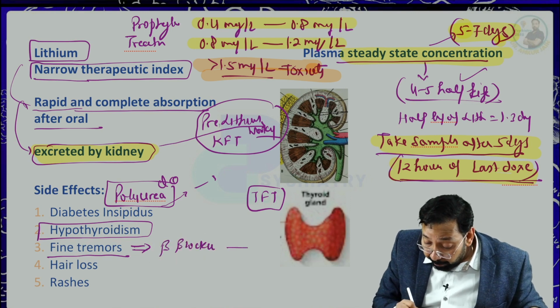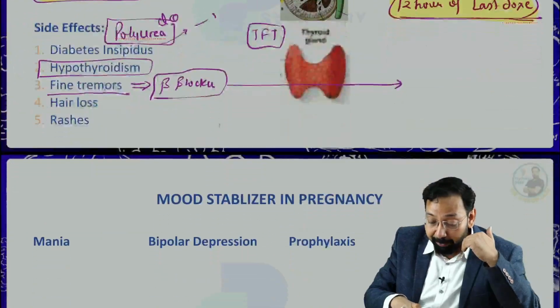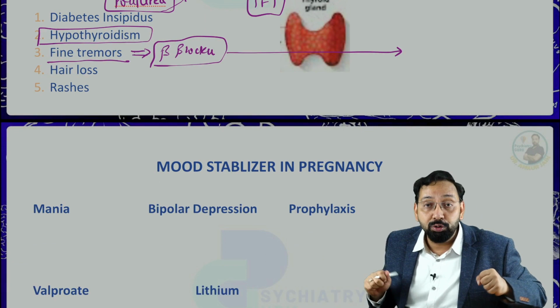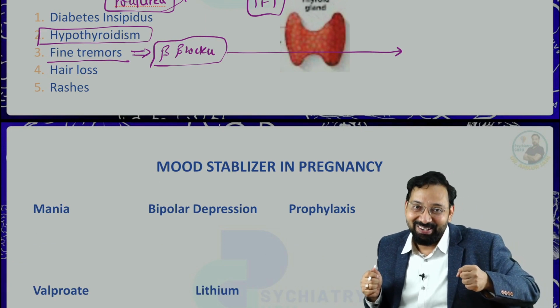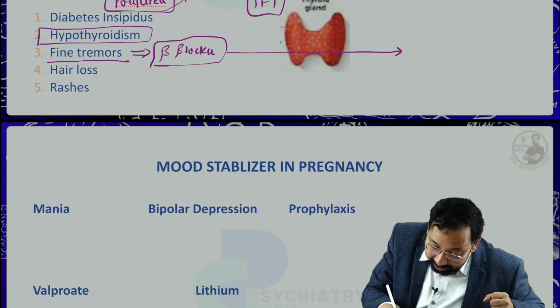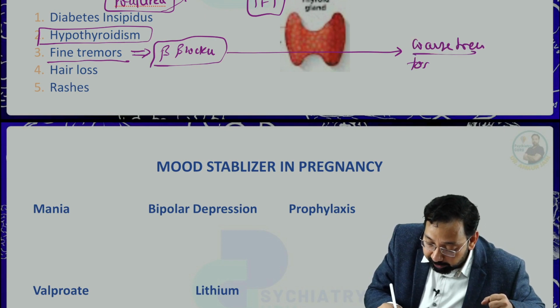But if you are sitting in OPD and a patient came with coarse tremors, you will think that it is a normal side effect. No, coarse tremors indicate toxicity. Immediately check reflexes. There would be hyperreflexia.